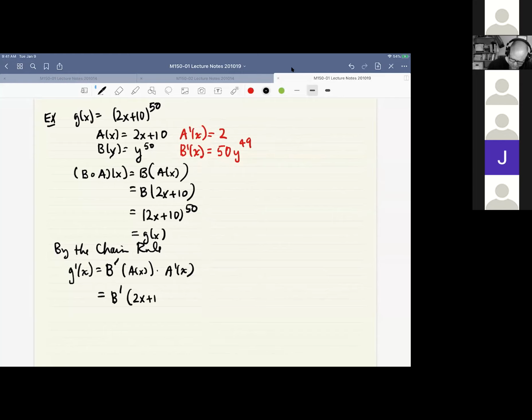And then I've got a prime, we said that's 2. And now b prime, we said b prime takes the input, multiplies it by 50 after raising the input to the 49th power. So there we go. There's the derivative.